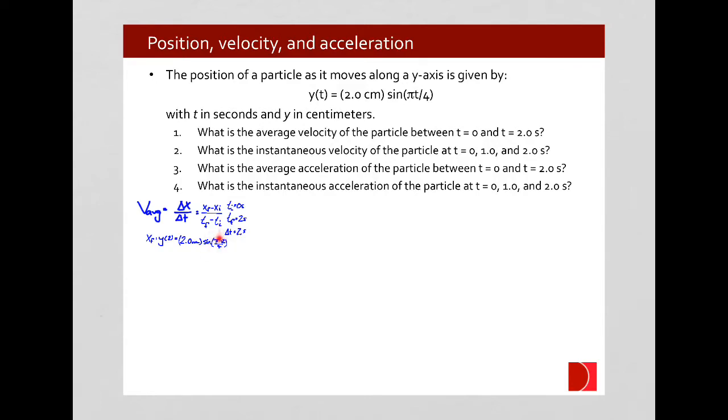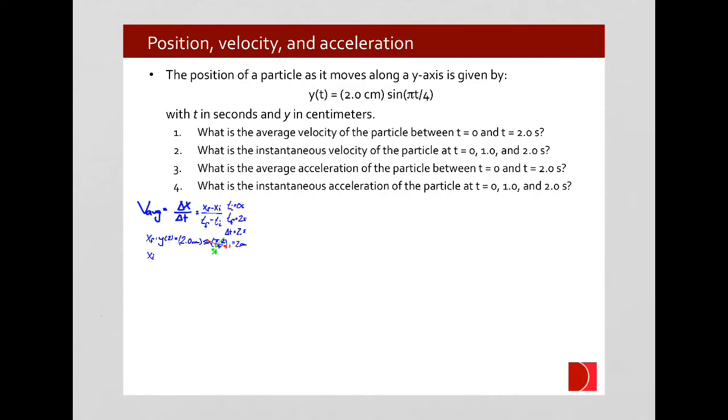Here, pi times 2 over 4 is pi over 2. Sine of pi over 2 is equal to 1. And so our position is 1 times 2 centimeters, and thus is 2 centimeters.